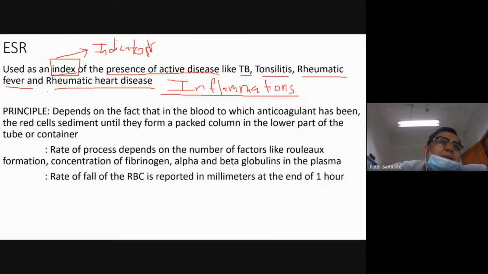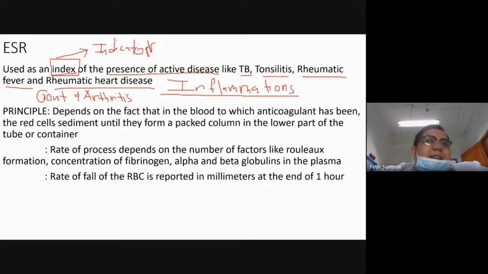This can also be used in diagnosing gout and arthritis. And as you know, ang arthritis nyo, this is the inflammation of your joints.